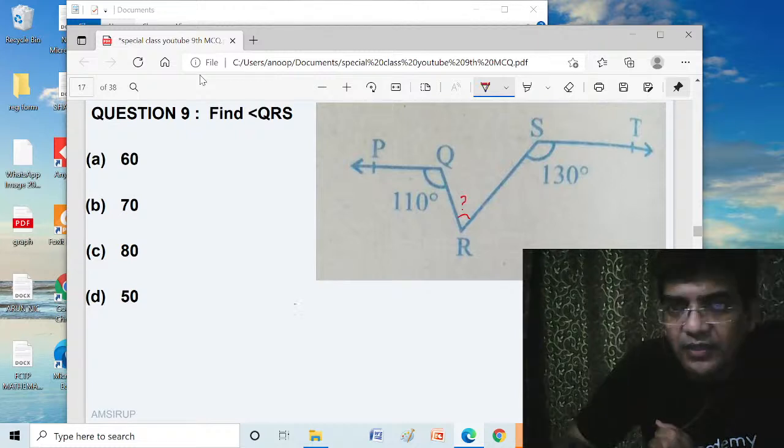For this, what we will do is extend this line here, and then I will extend this line also here. Right?